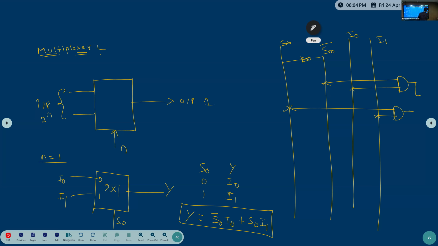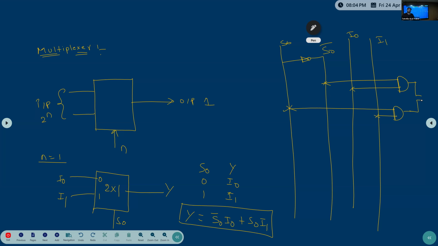Both of these are added. Here I am not doing binary addition. Here I am doing logical addition. Getting? Not binary addition. Understand binary addition and logical addition.